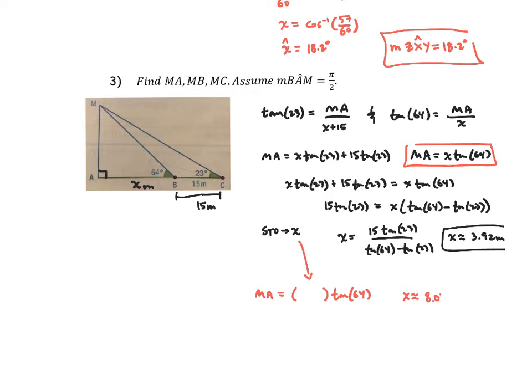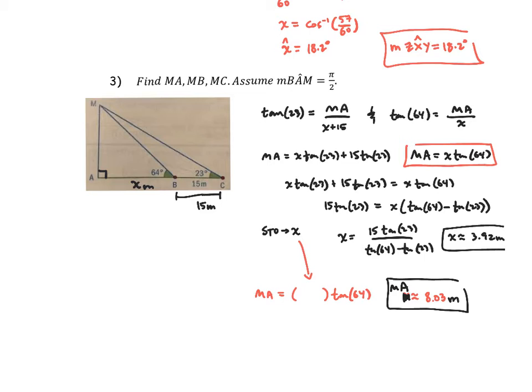Oops, that shouldn't say x there, that should say MA. So MA is about 8.03 to 3 sig figs meters tall. If it asks for MA, you are totally fine rounding that and using sig figs.